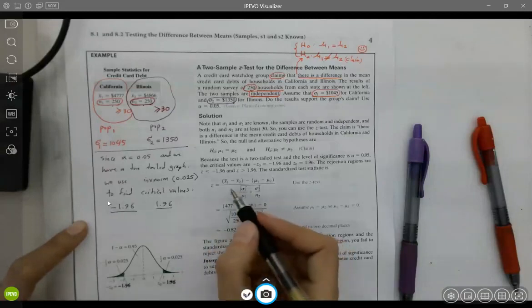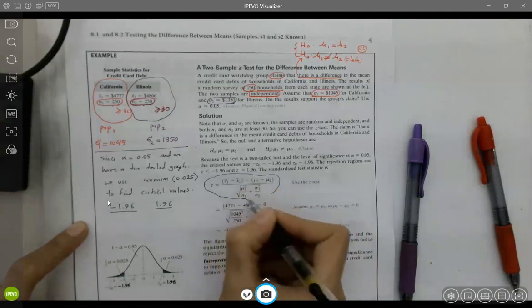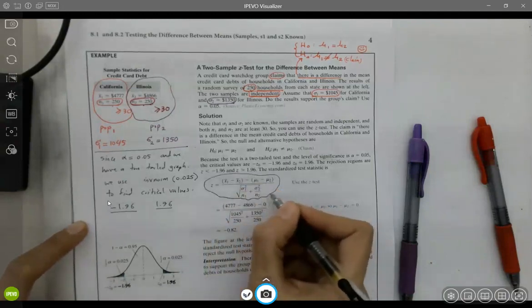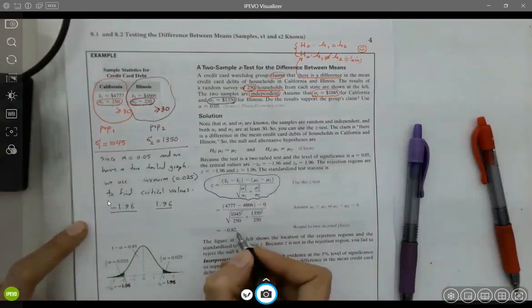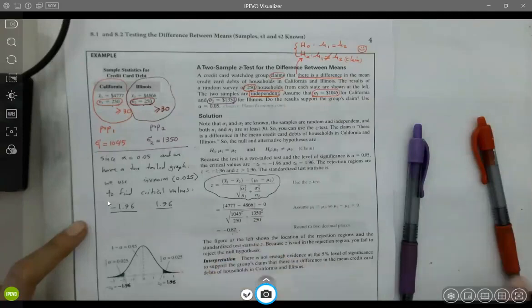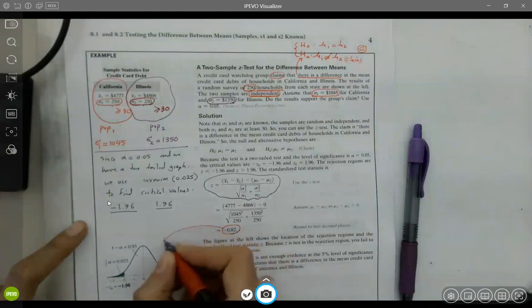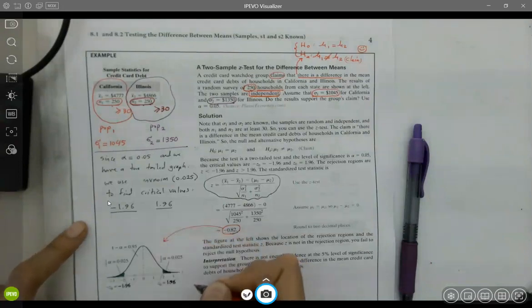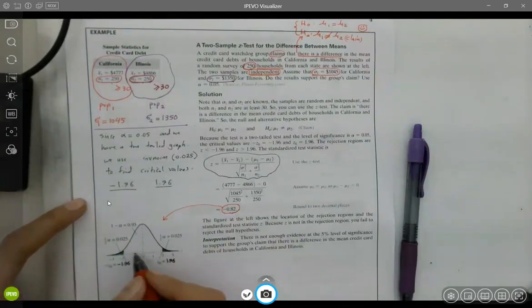Now we have to move on to find the standardized test statistic, this crazy looking formula, and the outcome is negative 0.82. Is this number inside the rejection region, either to the left or to the right? This is negative 0.82. It's close to -1, and as you can see, it's outside the rejection region.